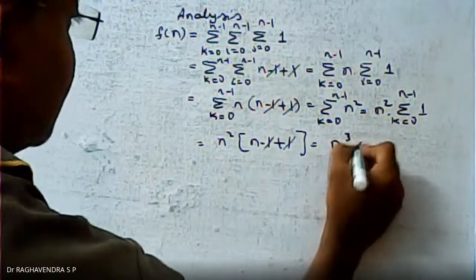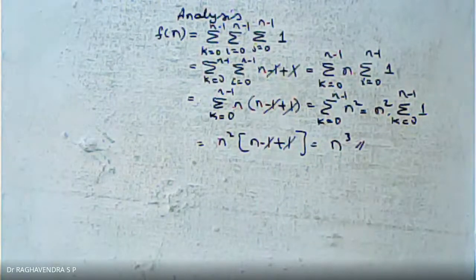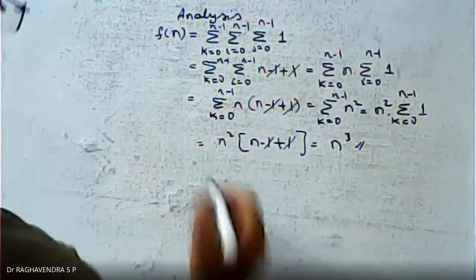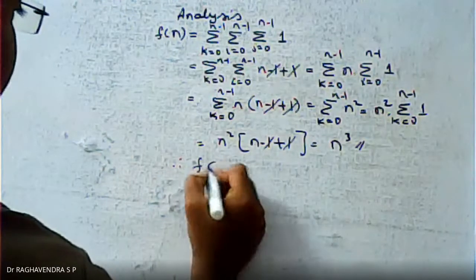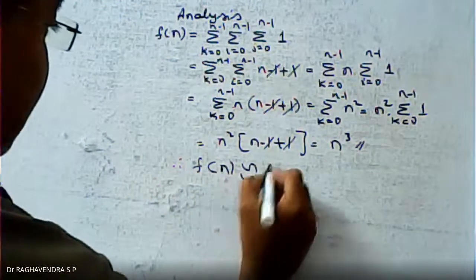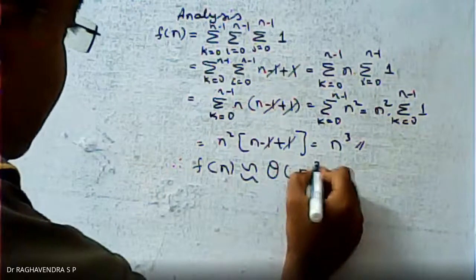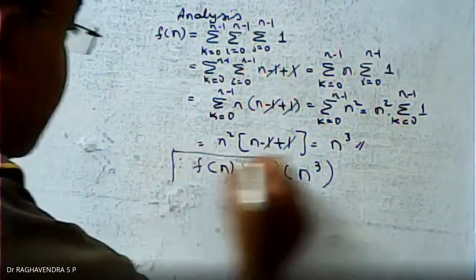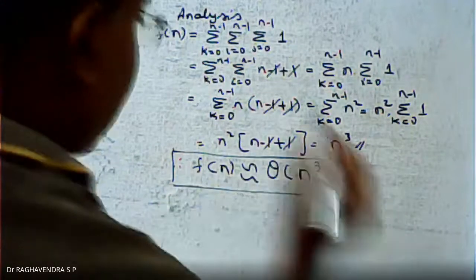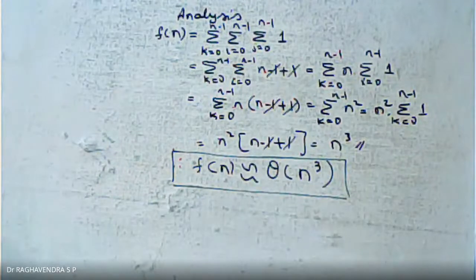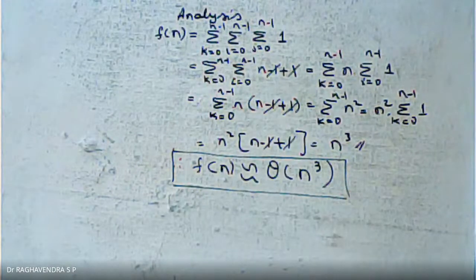What comes is n cube. So therefore, f of n is approximately equals to theta of n cube. This is the time complexity of Warshall's algorithm, also called transitive closure.